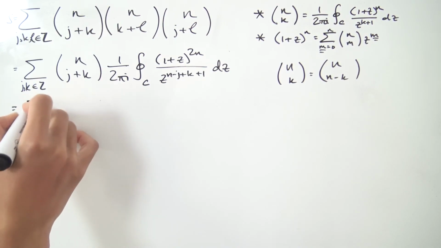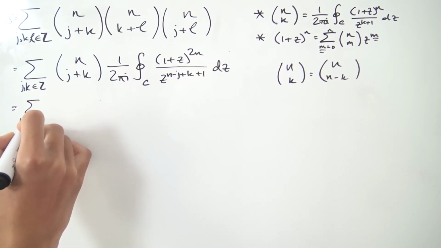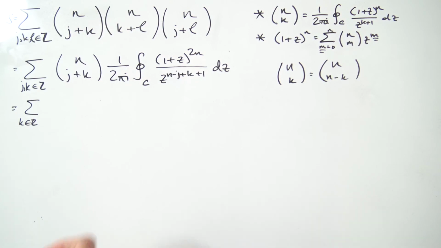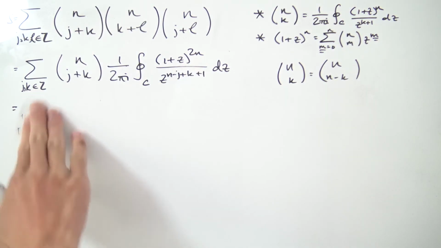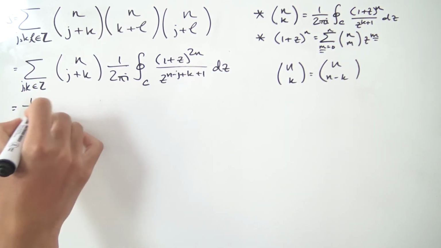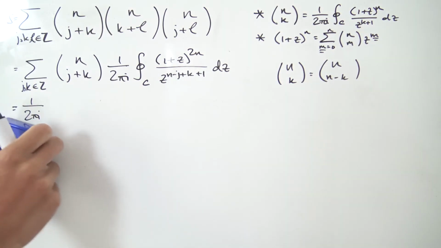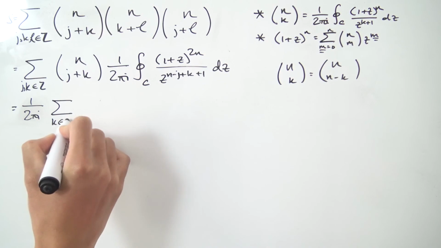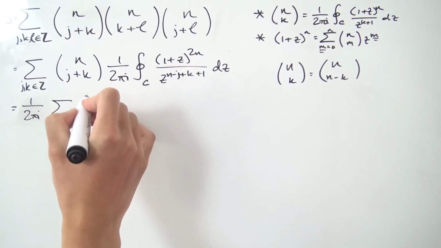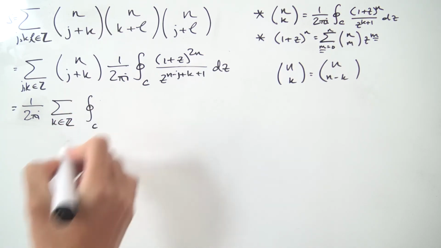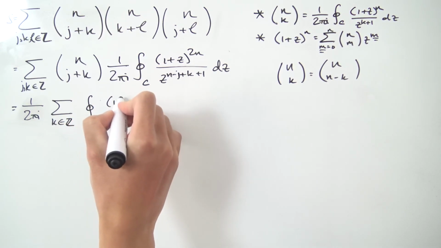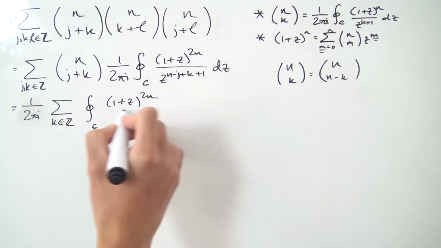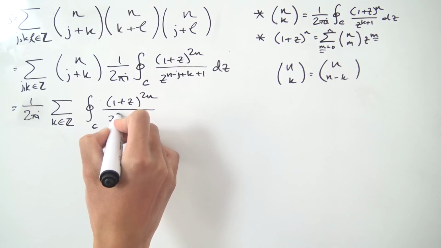So this is the sum over k, which is still outside. Now let's bring that 1 over 2 pi i factor onto the outside first, just to get that out of the way. So yes, we still have the sum over k hanging around on the outside. Now we have the contour integral, we have (1 plus z) raised to the 2n over z to the n.